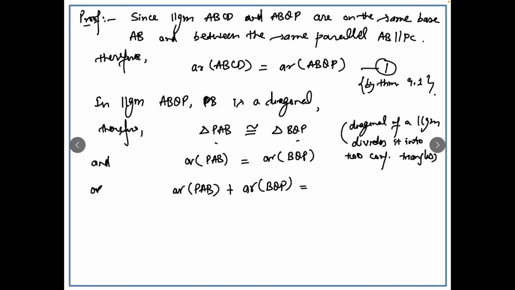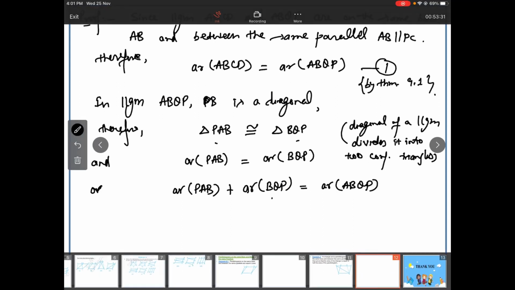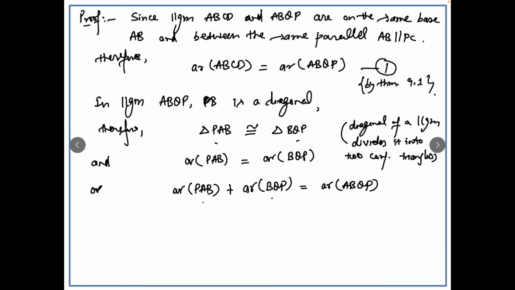When you add the areas of these two triangles, PAB plus BQP, you will get the area of the parallelogram ABQP, because these two triangles are formed by the diagonal of the parallelogram ABQP.